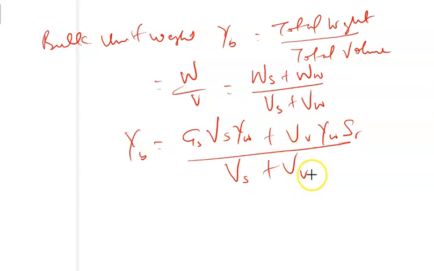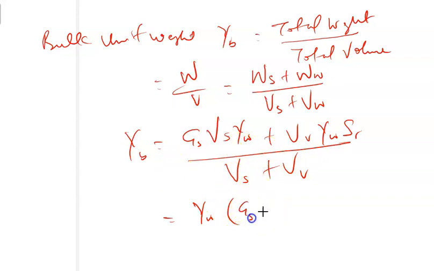So we can also express this because if we look at this, we know what is common. See that gamma W is common, so we bring it outside.